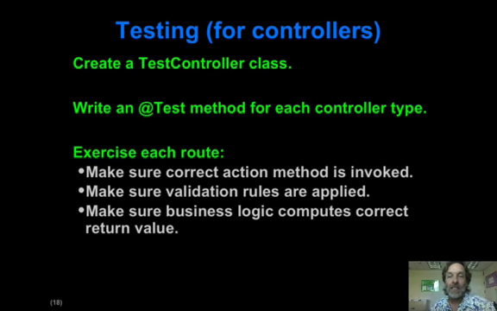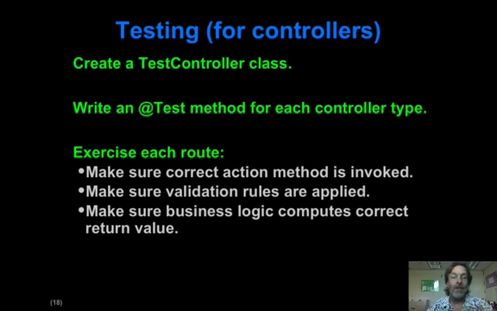Okay, last step, testing. We'll create a test controller class. We'll call an @test method. It's going to go through each of the controllers that we define, and we want to exercise each route. Typically, you want to make sure for each route that you're actually invoking the right action method, and that the validation rules that you specify are being applied.